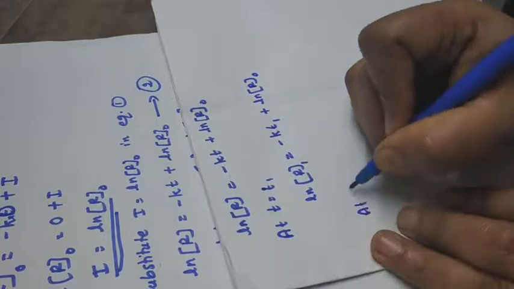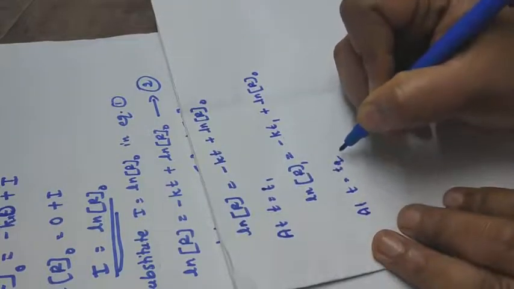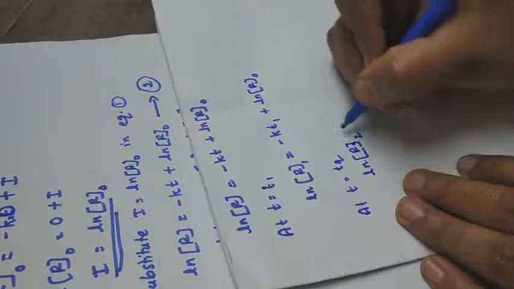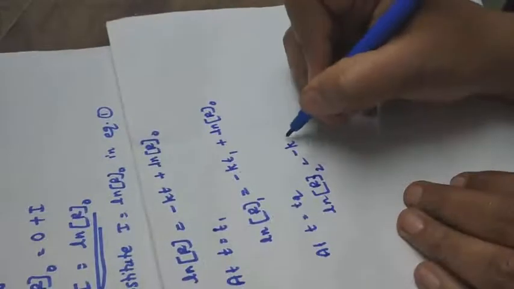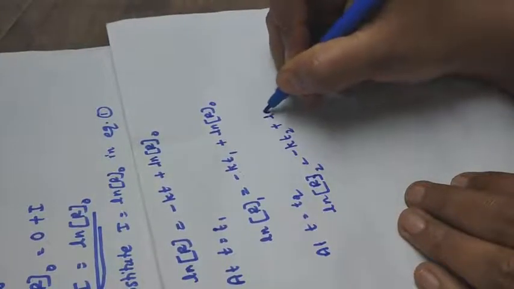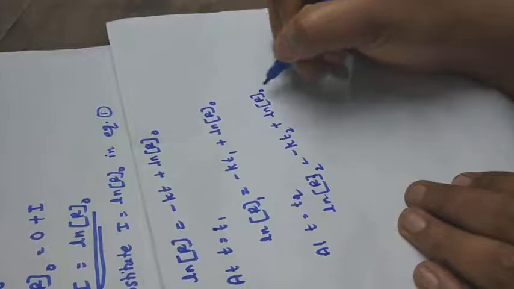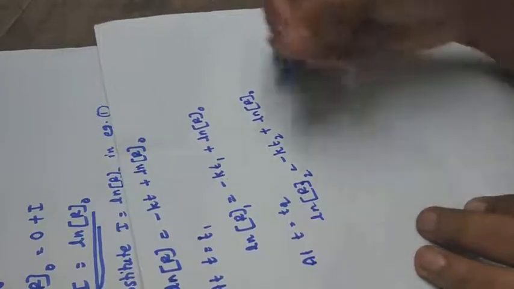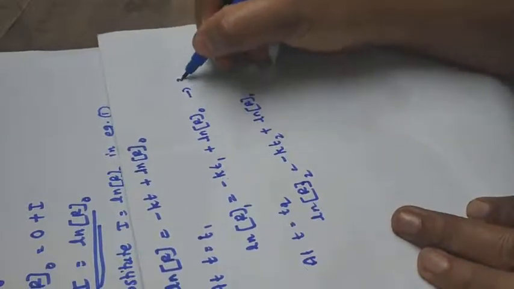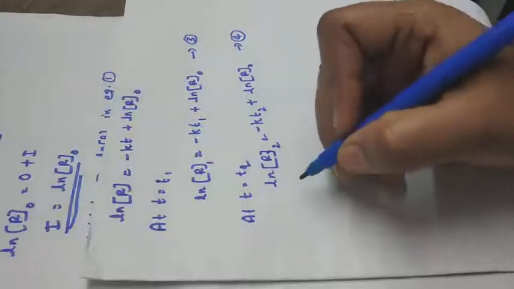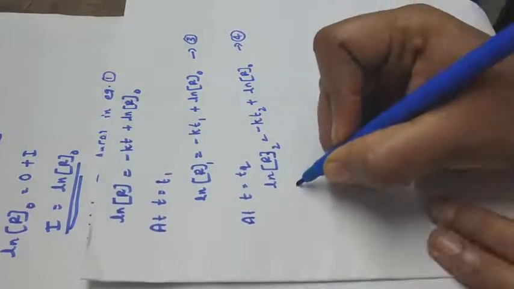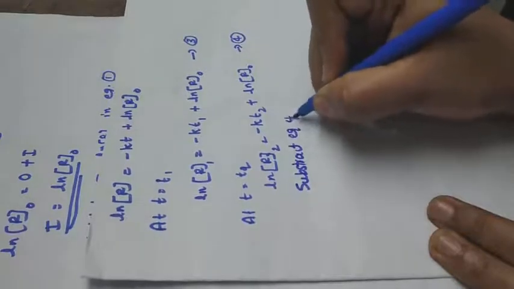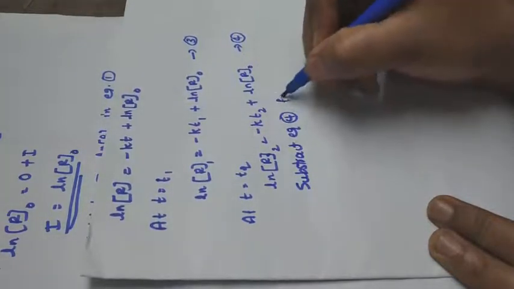So at time t2, if the experiment is repeated, ln R2 equal to minus kt2 plus ln R naught, which is the initial concentration. Okay, so now we have to subtract equation 4, this equation, from equation 3.